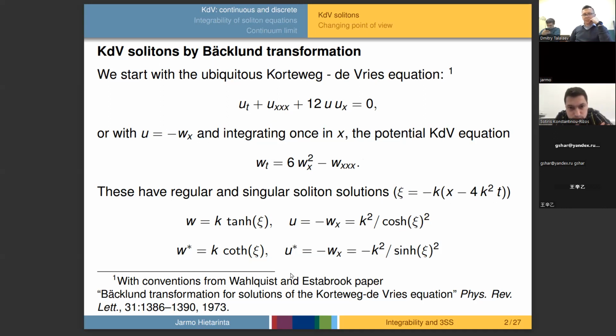And in this beginning part, I will follow very closely the paper of Wahlqvist and Estabrook, which I think is surprisingly before its age. It contains many relationships which we learned separately much later. So it's already 50 years old.